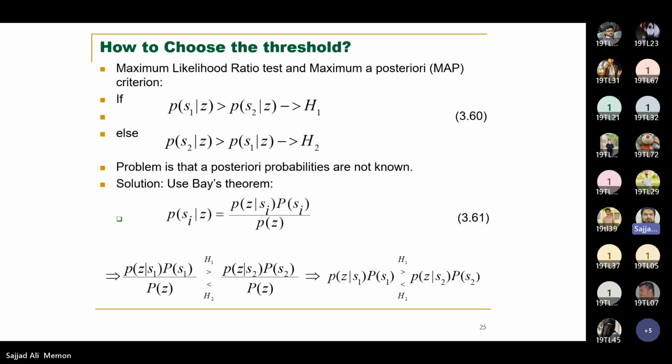If the probability of S2 in Z is greater than the probability of S1 in Z, then we will choose hypothesis H2.